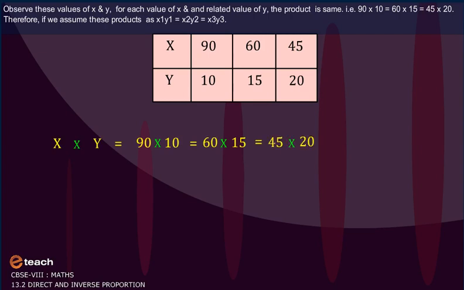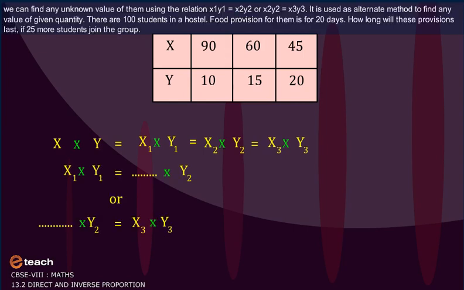Therefore, if we assume these products as x1 y1 is equal to x2 y2 is equal to x3 y3, we can find any unknown value of them using the relation x1 y1 is equal to x2 y2 or x2 y2 is equal to x3 y3.